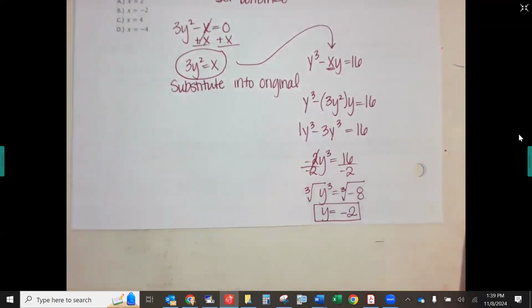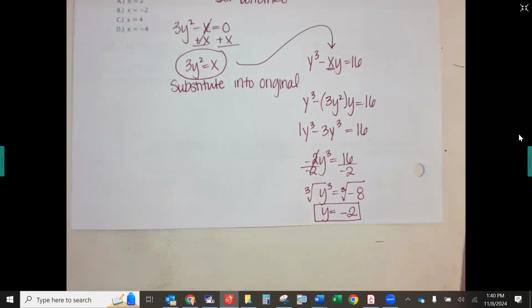From here, did the question ask you to find y values or x values? X values. And I have a what? Y value. Now, you have 2 places you can go to find the other number. If you want to go back to the original, you can. But there's another equation already solved for x that's a lot shorter. Look right here.